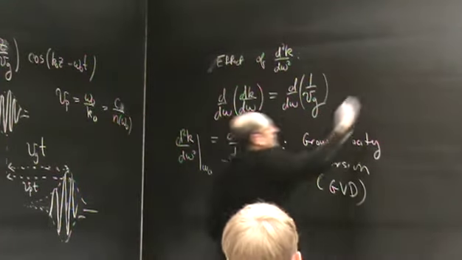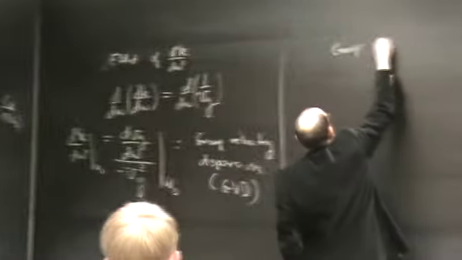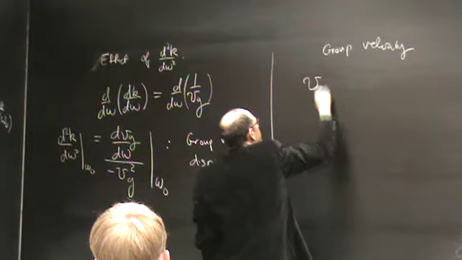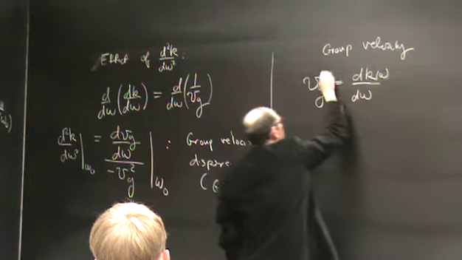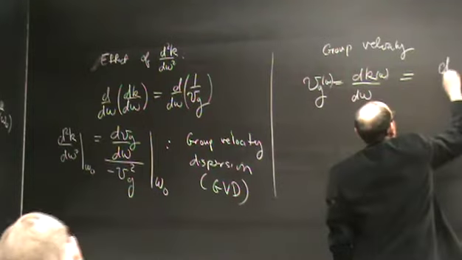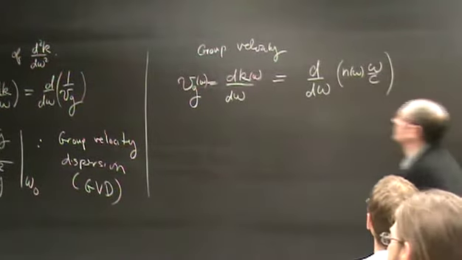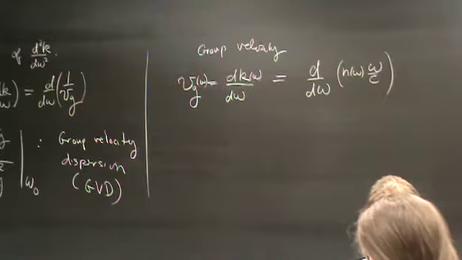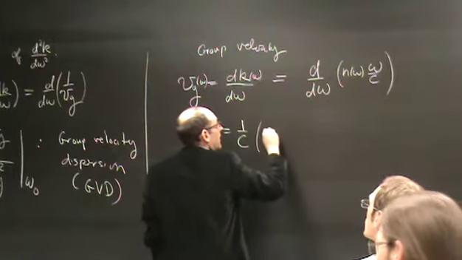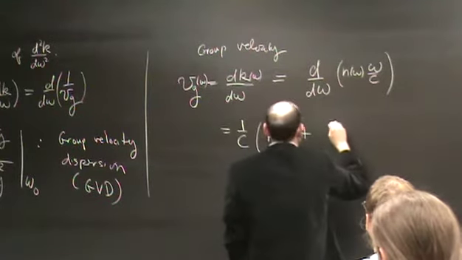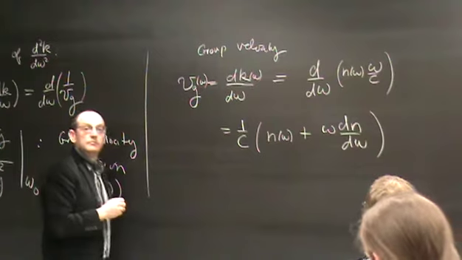Okay. If we look at the group velocity as a function of omega, well, k is equal to n times omega over c, so the derivative is equal to 1 over c times n of omega plus omega dn d omega.